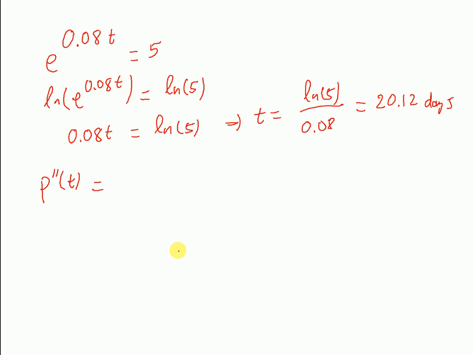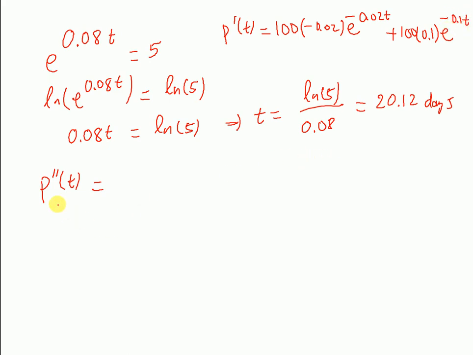So again, remember, our P prime of t is 100 multiplied by minus 0.02 e to the minus 0.02t plus 100 times 0.1 e to the minus 0.1t.